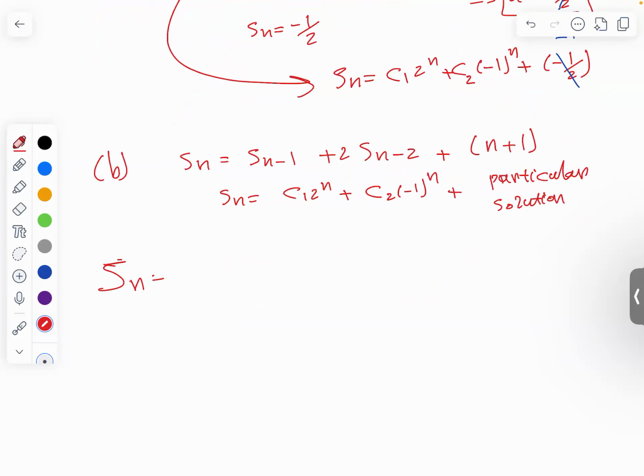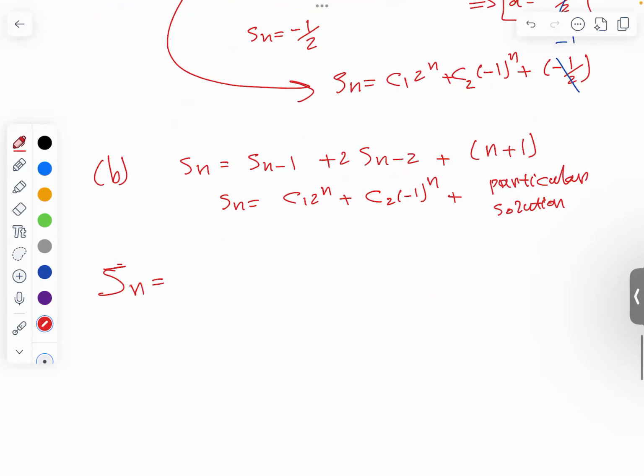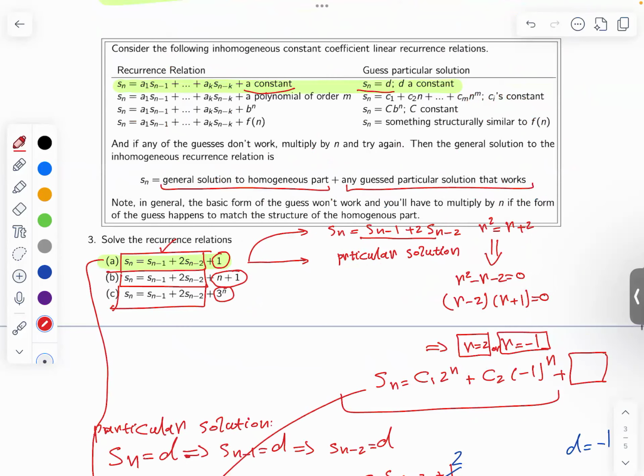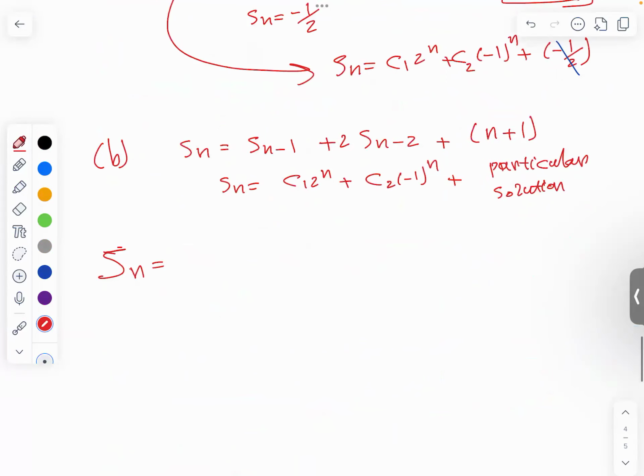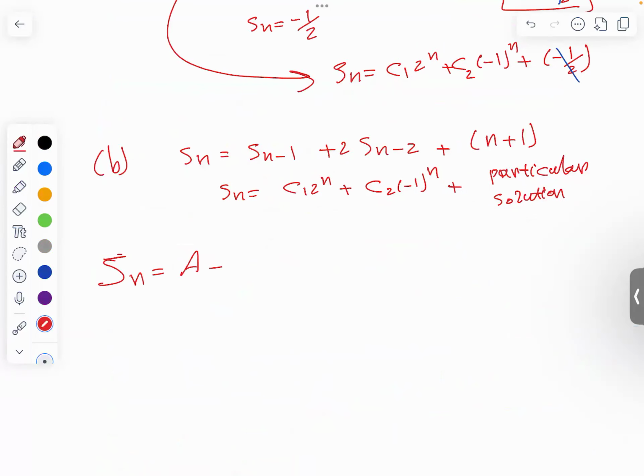Since it's n plus 1, a polynomial of order m, the particular solution will be C1, C2 until n power m. So I will do the same job. Sn will be A plus B times n, because this is degree 1.